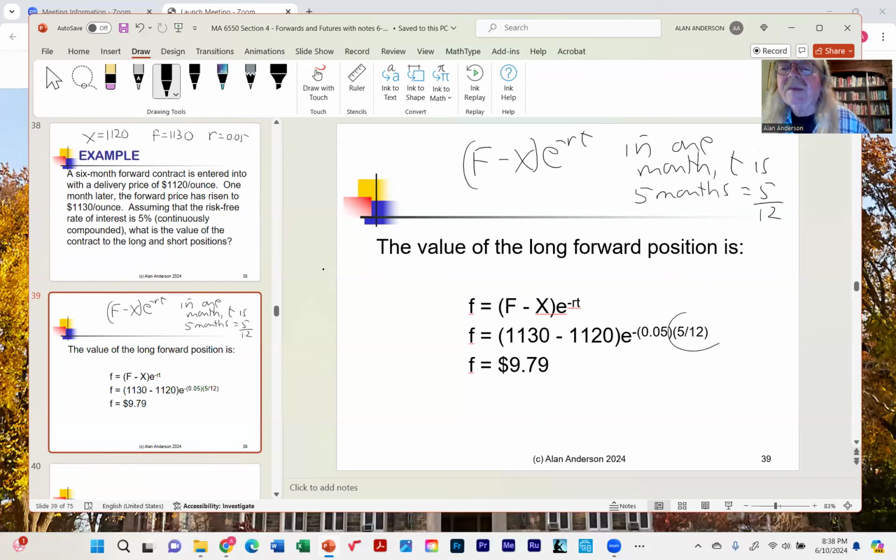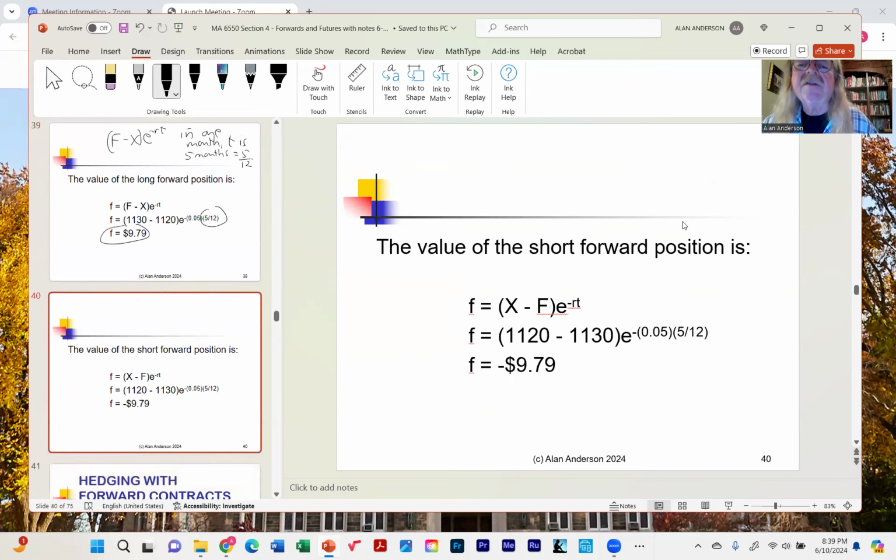So that's something you have to pay attention to. In a month, there'll be only 5 months until the asset is delivered. So the T has to be changed to 5/12. The interest rate, we're assuming it stayed at 5%. And you can see by plugging these in, the long has a position worth 979. The short, not obviously, negative 979.